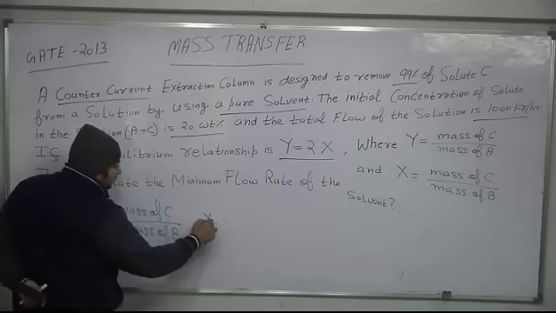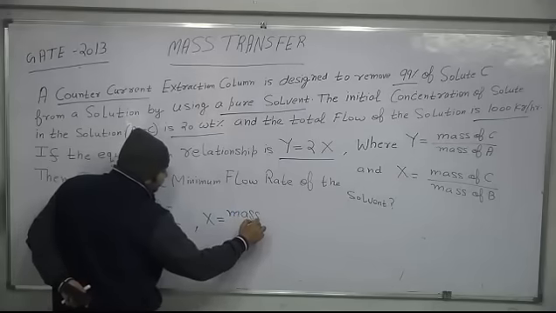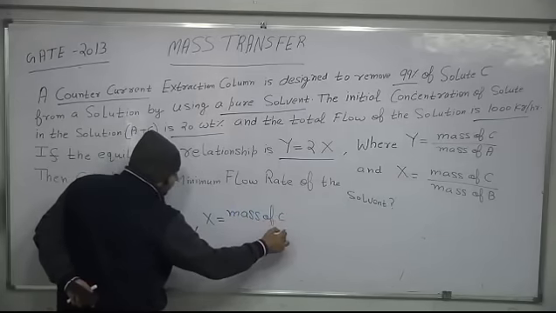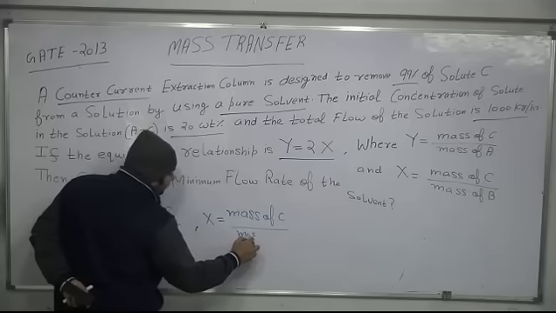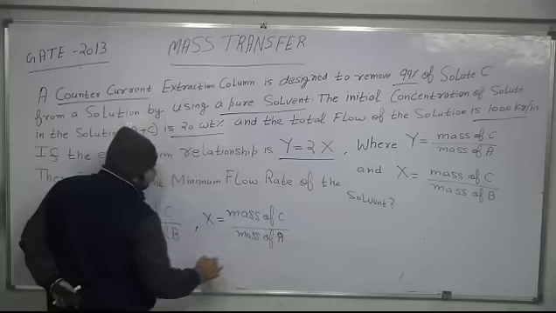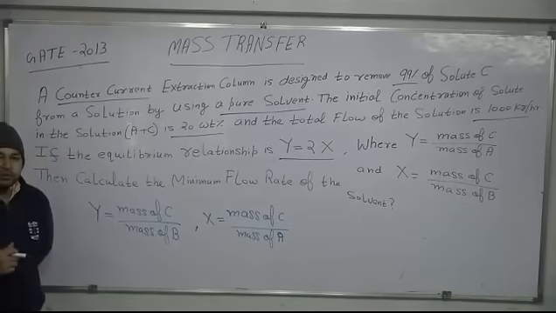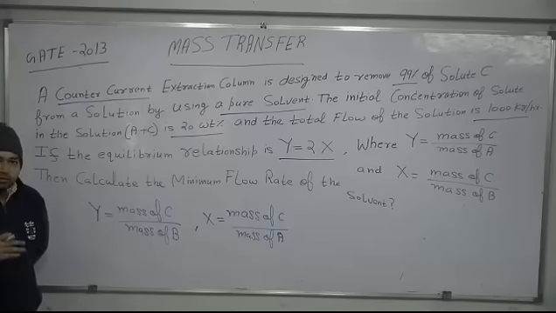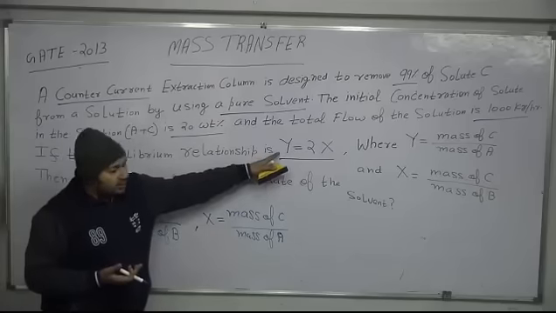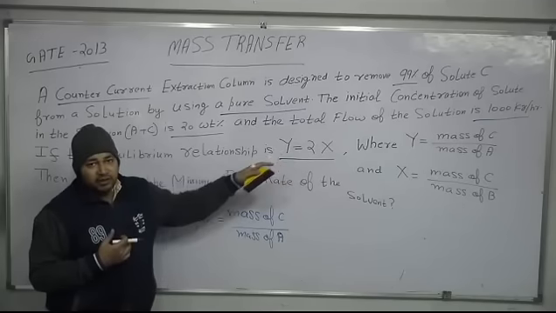So in our general conventions, my X will be mass of C to the mass of A. That's the most important point in this question, that they twisted the equilibrium relationship. They gave us y equals 2x, but their y is actually x for us and their x is actually y for us.